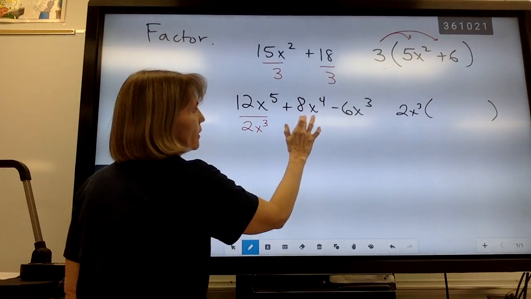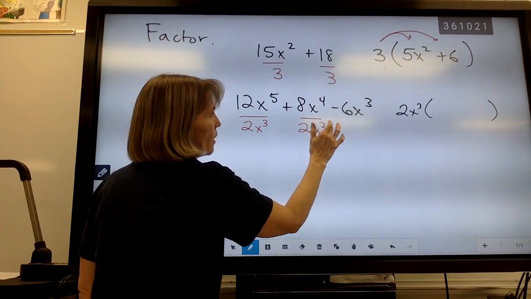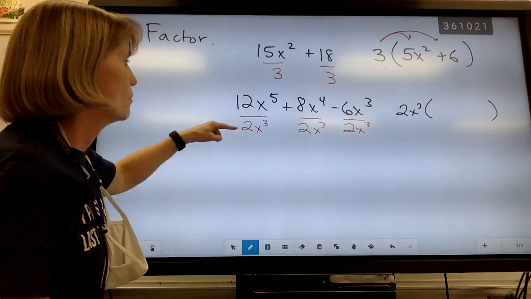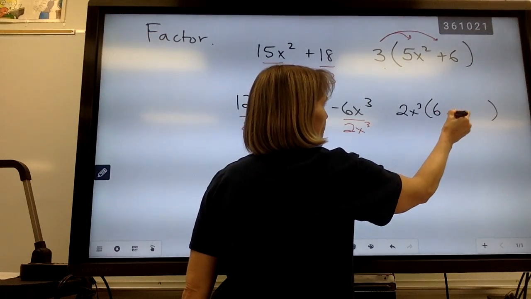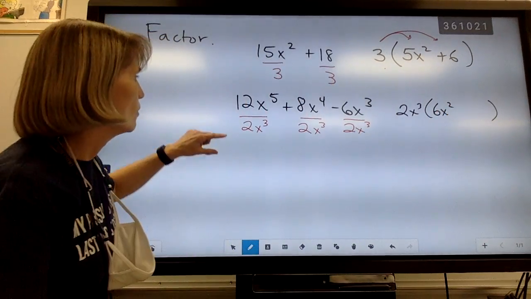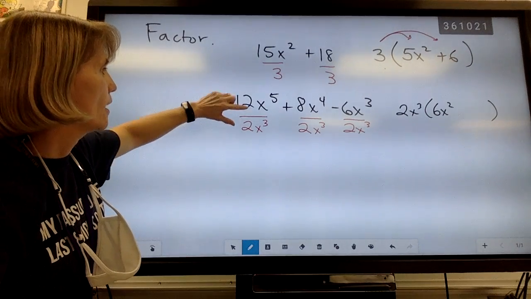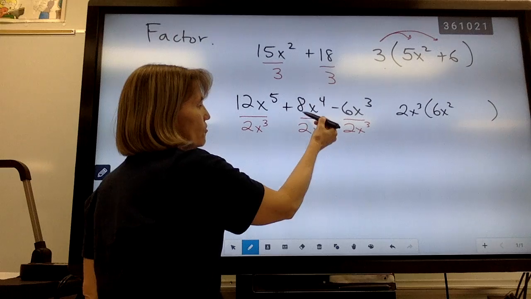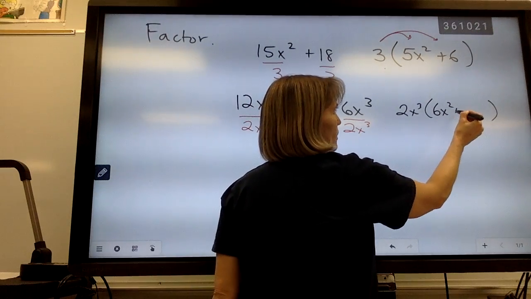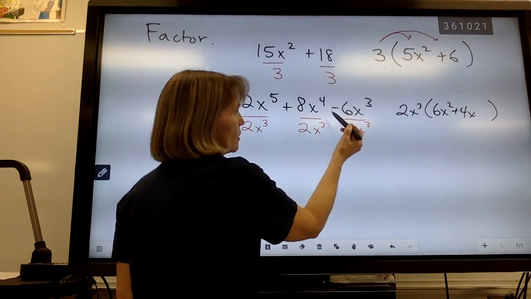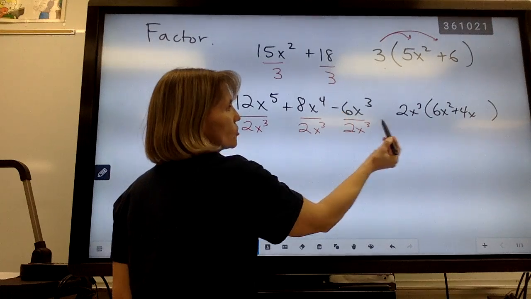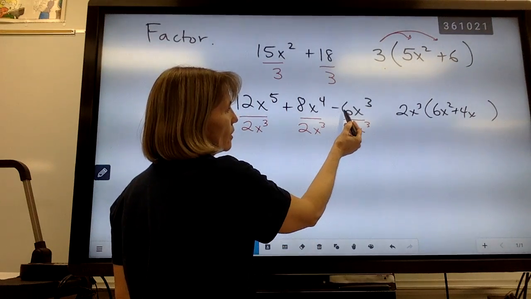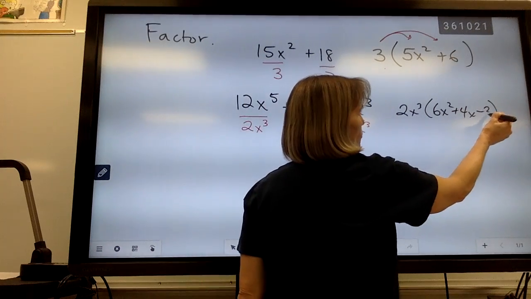So we're going to divide each of these pieces by that greatest common factor. 12 divided by 2 is 6x squared. We divide the coefficients and we subtract powers when we divide. 8 divided by 2 is 4, and I'm going to subtract the powers, so 4 minus 3, I would just get x to the first. Negative 6 divided by 2 is a negative 3.